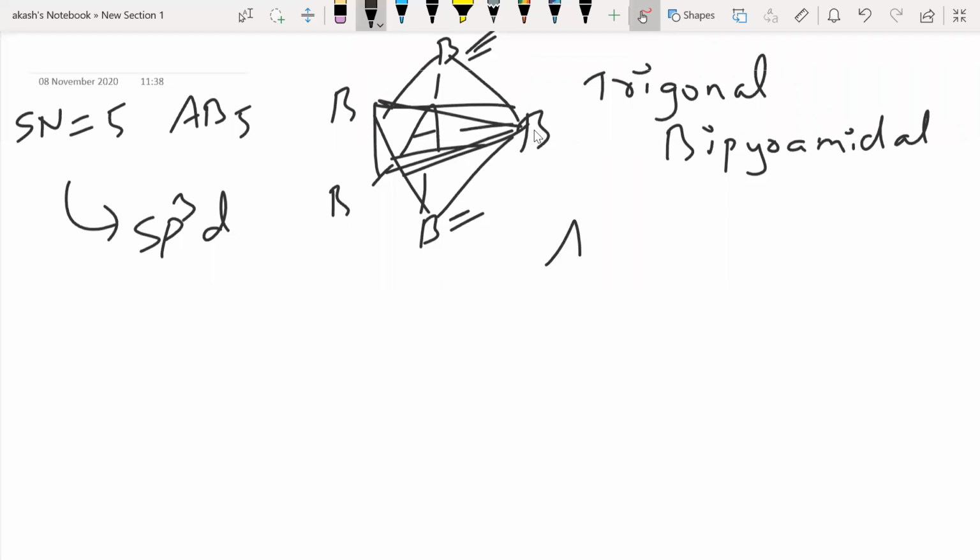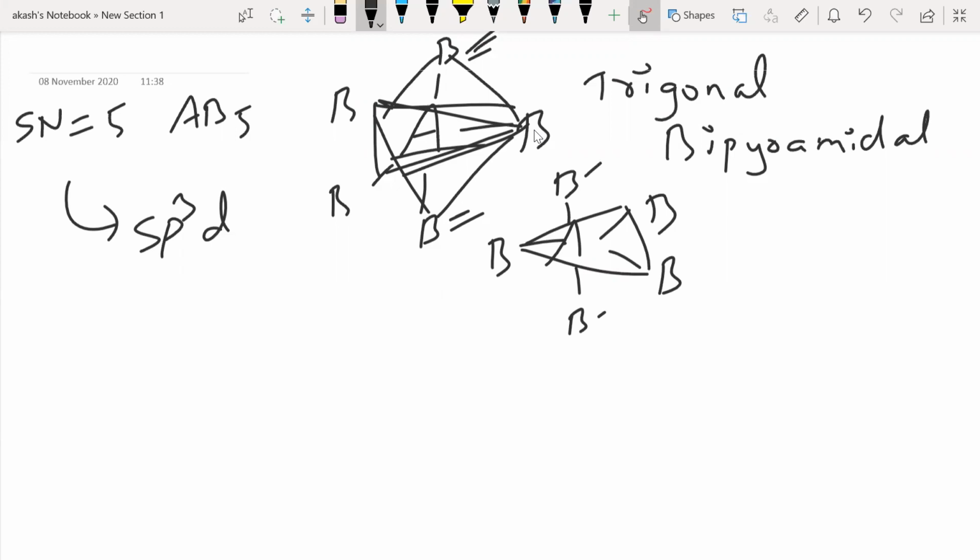If I draw the structures again, you have the bonds in the trigonal plane. And obviously you have 2 other bonds in the axial direction, I'll call it. So there are going to be 2 types of bonds here.